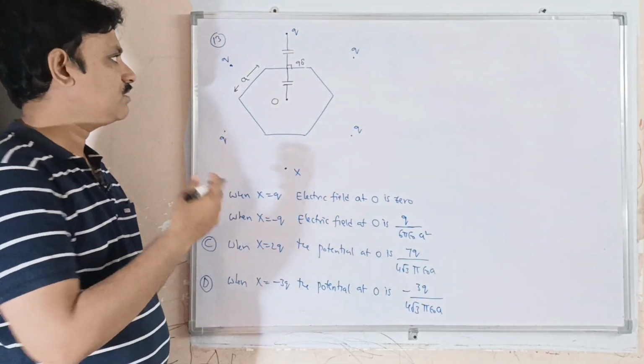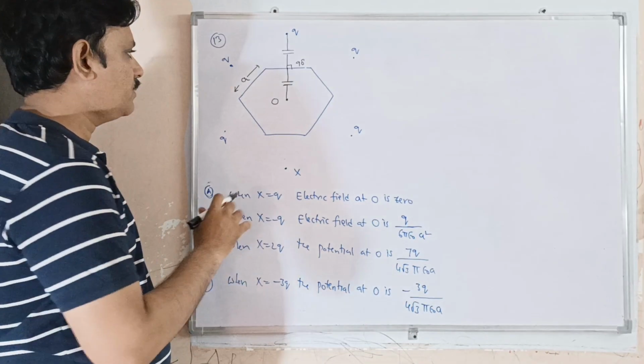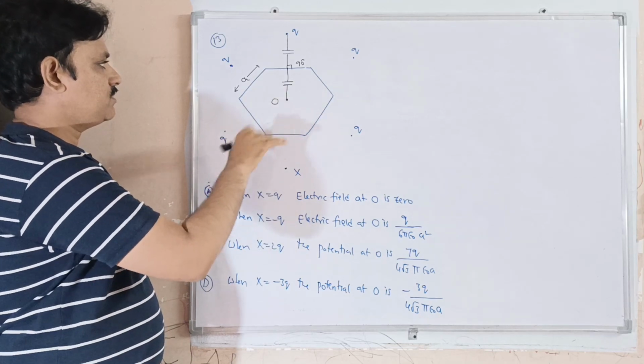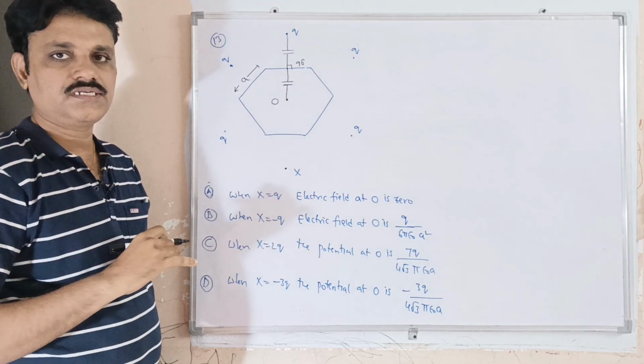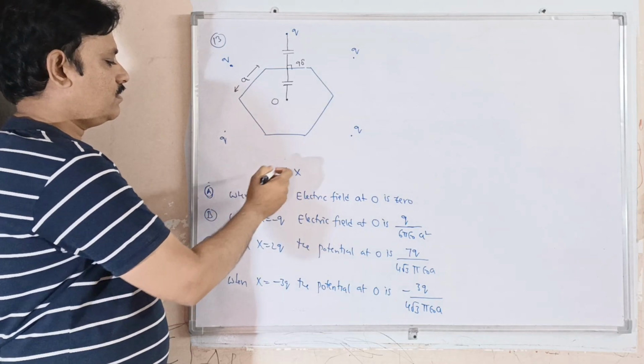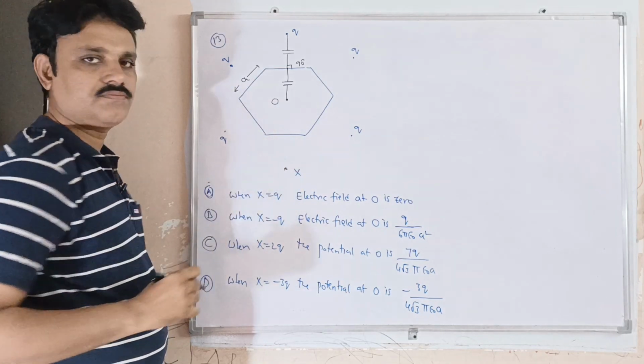Okay students, here the problem is given: a regular hexagon contains 6 charges, one very near to each of the 6 sides, and here the charge is x.